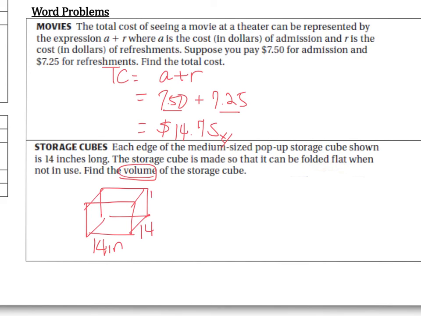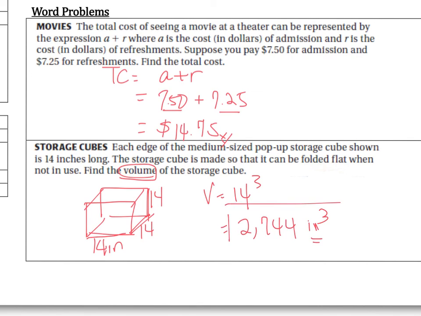And you know for a cube, the lengths of the edges are all congruent. So the volume would equal 14 cubed. And 14 cubed gives you 2,744 cubic inches. Please remember to label. If you forget to label, I will take off points. And that concludes our lesson for 1.1.